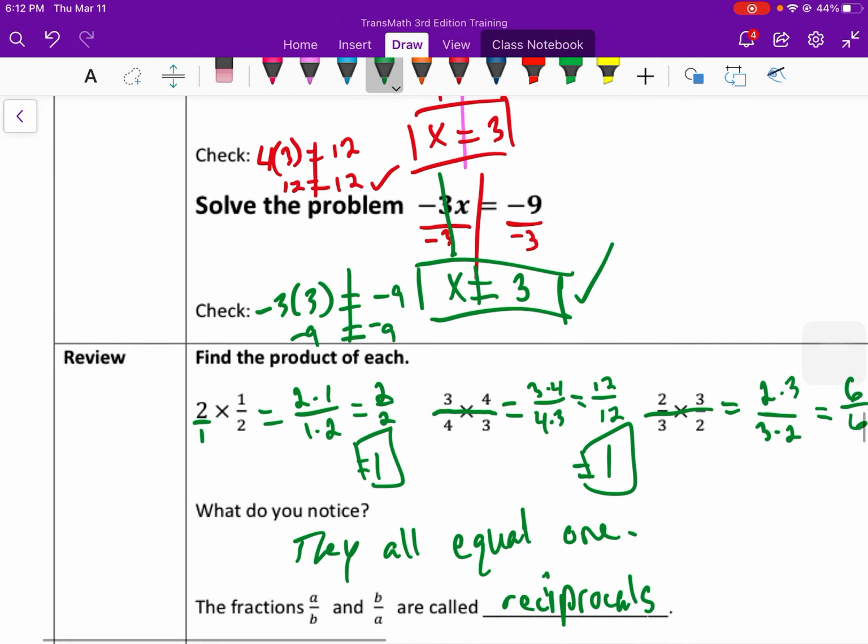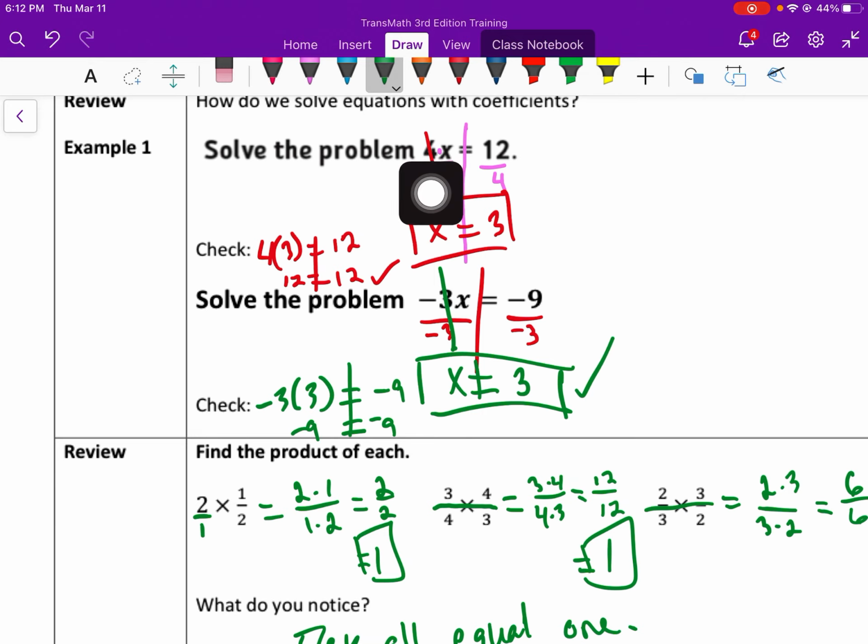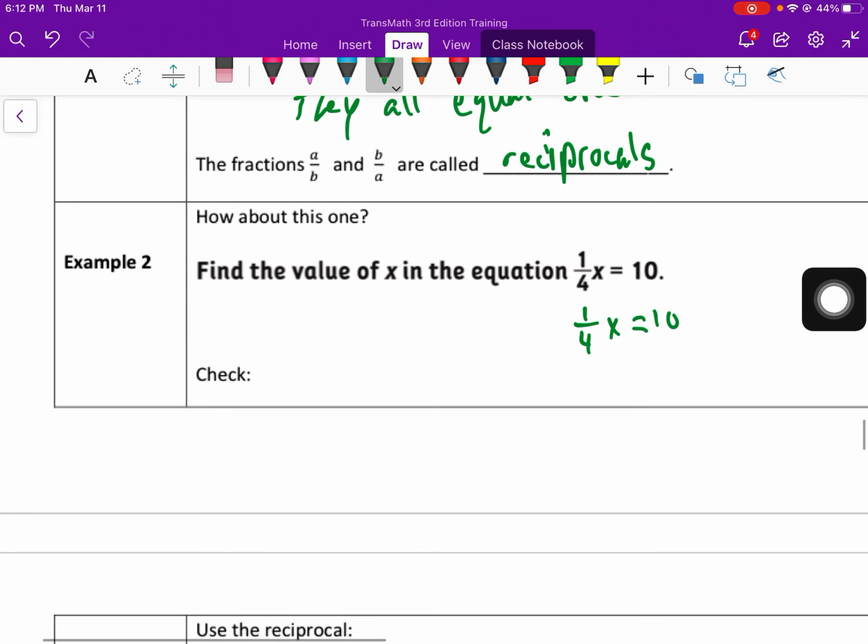So earlier, we did the opposite, or the reciprocal, where if it was 4 times x equals 12, we divided by 4. This time, we have 1/4 times x equals 10, so we're going to want to multiply by the reciprocal. The reciprocal of 1 over 4, if it's a over b, is going to be b over a. So we're going to multiply by 4 over 1 on both sides.